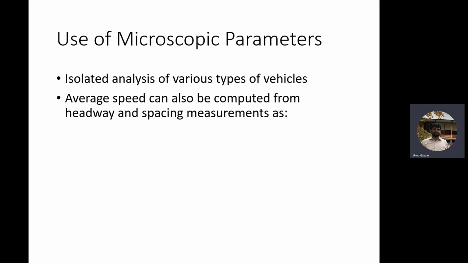So in those studies which are focused upon a specific type of vehicle or a specific type of driver, microscopic parameters are more helpful. Because how the vehicle is moving or how the driver is behaving shows in the headway and spacing. If the driver is aggressive, headway and spacing will be less and vice versa. So one use of microscopic parameters is to calculate the other parameters. The other use is to study the behavior of specific types of vehicles or specific types of drivers.